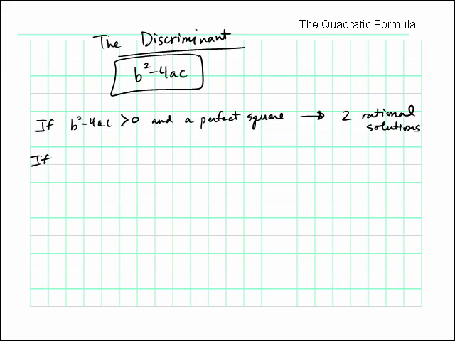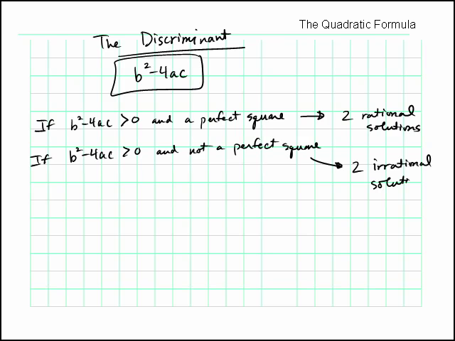If the discriminant is positive and not a perfect square, then this tells us that we're going to have two irrational solutions. If the discriminant turns out to be 0 exactly, then we will have one rational solution.